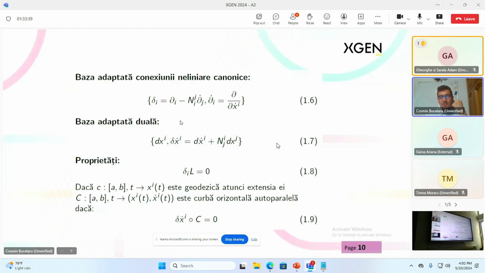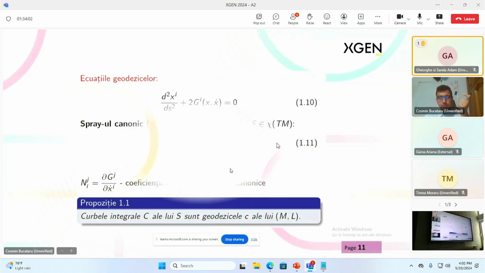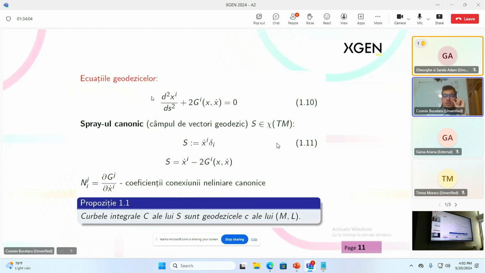Well, another important property is that for the Lagrangian, we want a metric connection. So we have the property that holds in 1.8, that δ_i L is 0. And I want to present in the last part of my talk what the dual structure is.